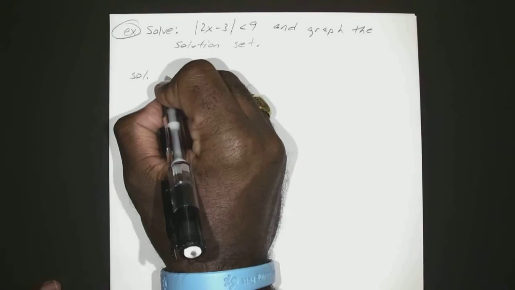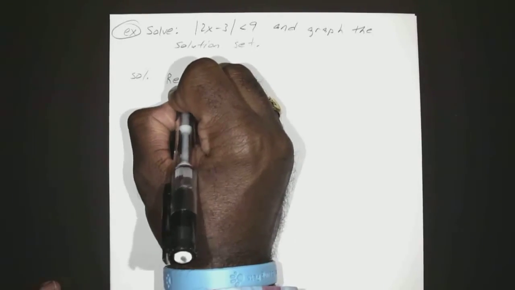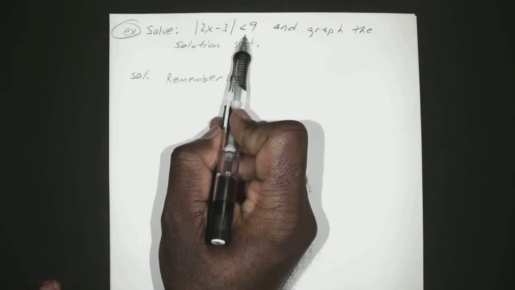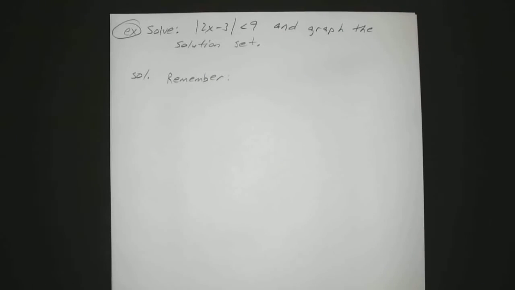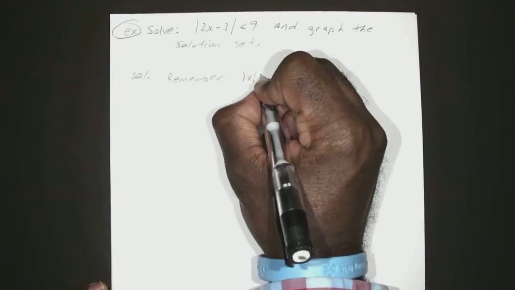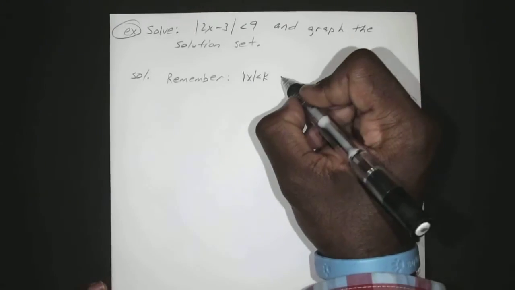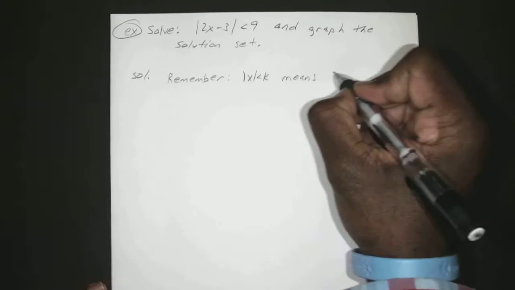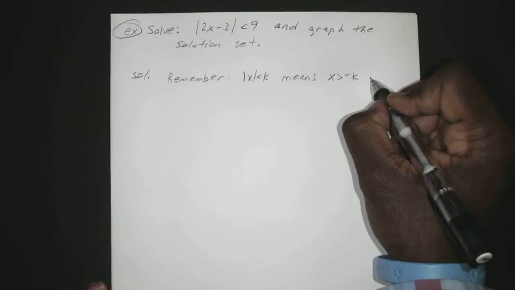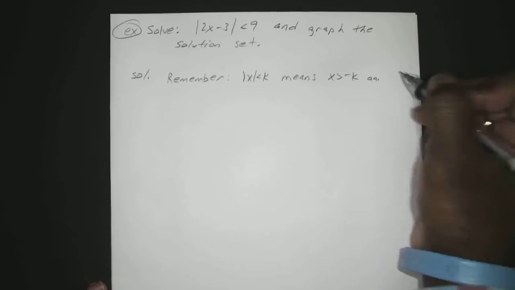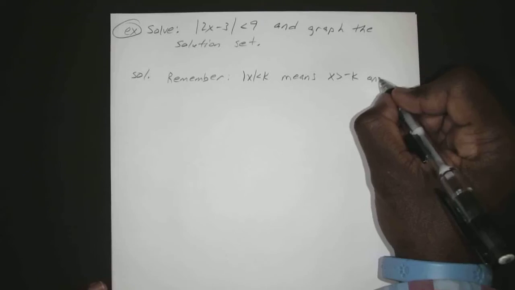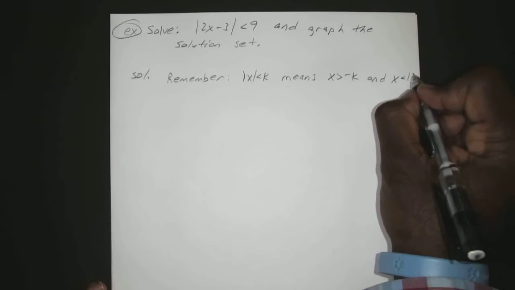So if we have that, you want to remember you have a less than, so you want to use your less than formula. That means the absolute value of x less than k means that x is greater than negative k and x is less than k.